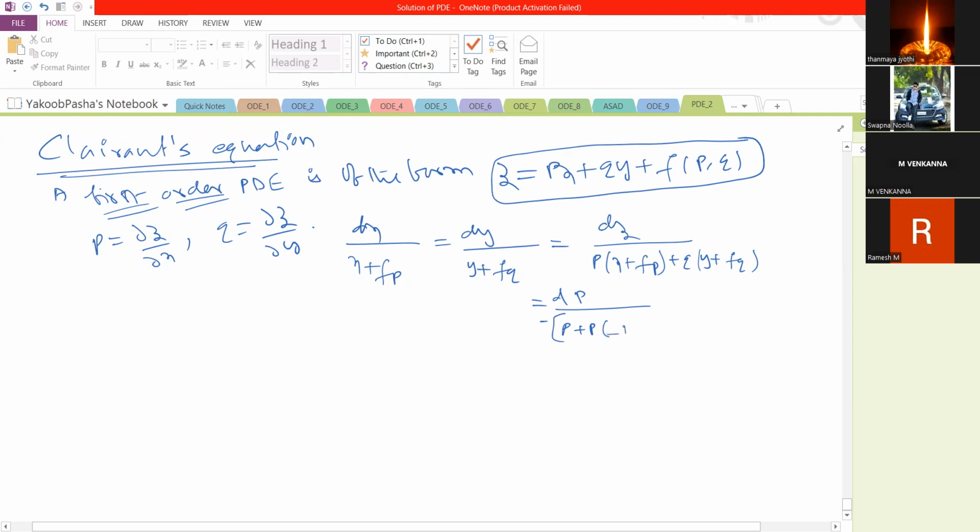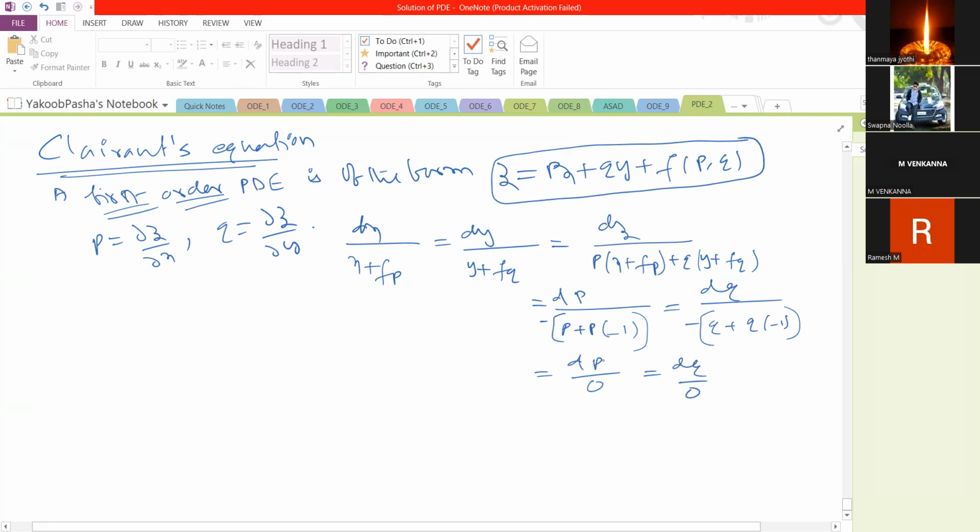Here we get minus 1. That is equal to dq by minus of q plus q into minus 1. Here the rest of the equation is the same, simplify this. dp by 0 equal to dq by 0.